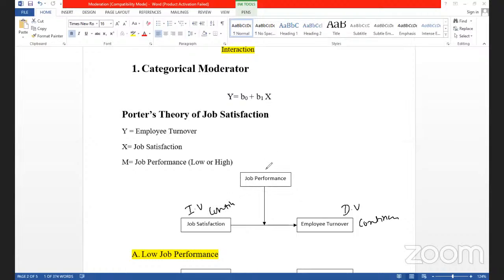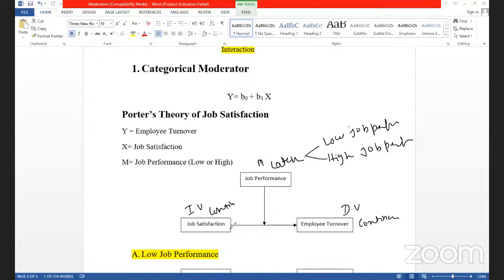And the third, the moderator variable, is job performance, which is categorical. Categorical means there are two categories: low job performer and high job performer. So there are two types of people in an organization, high and low job performance.